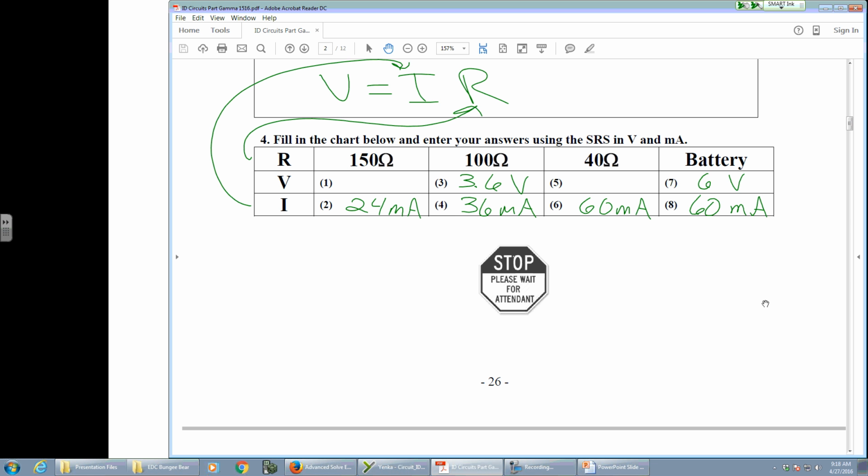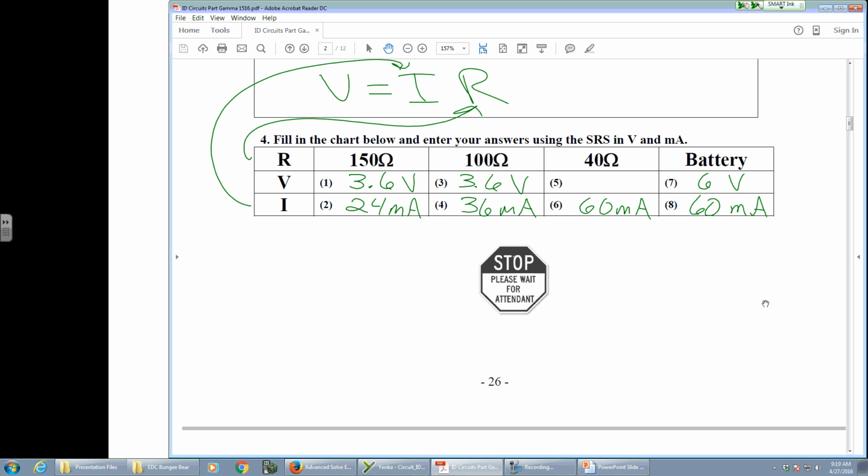Because they're in parallel. So wait a minute. So I just confirmed that these numbers are probably right because they came up to be the same. Wow. What about the 40? That'd be a good way to check it, right?